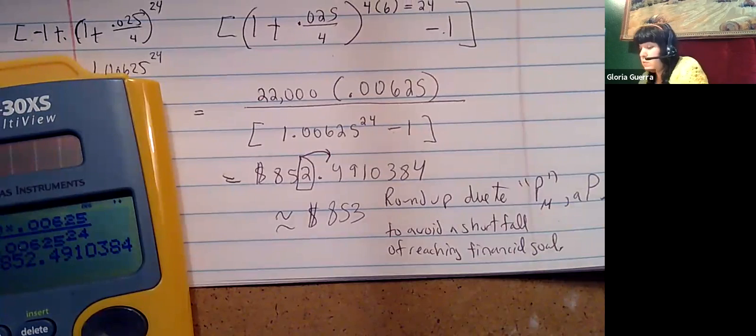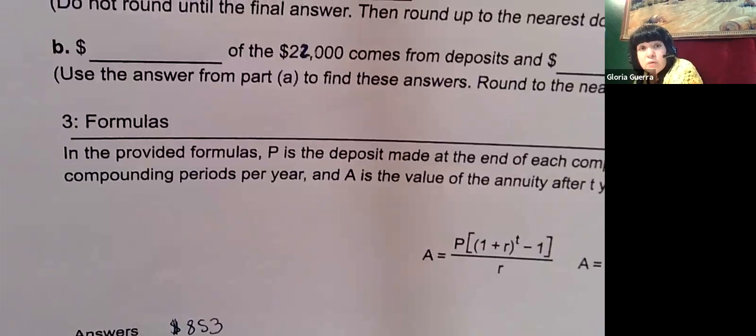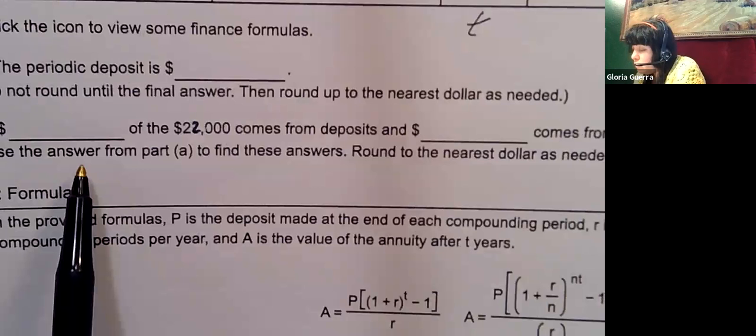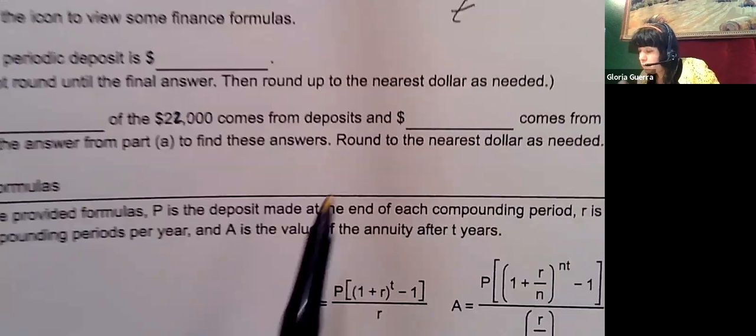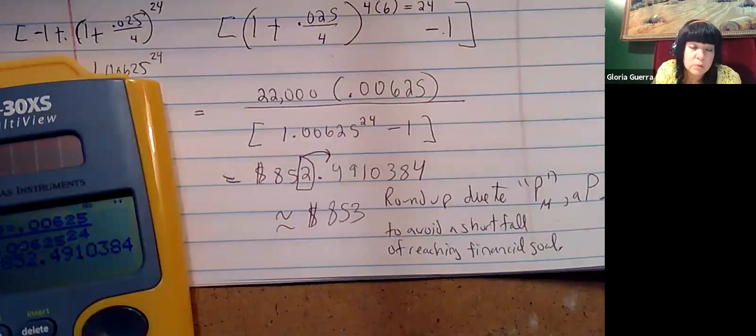Okay, what else is going on now? It says blank of the 22,000 comes from deposits. So we had how many years? 6 years.